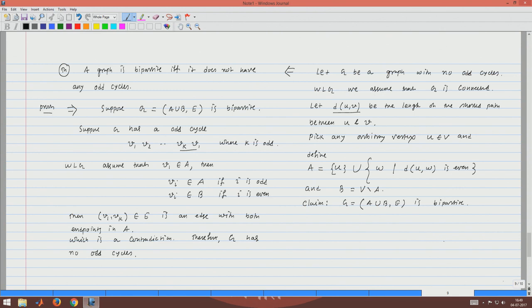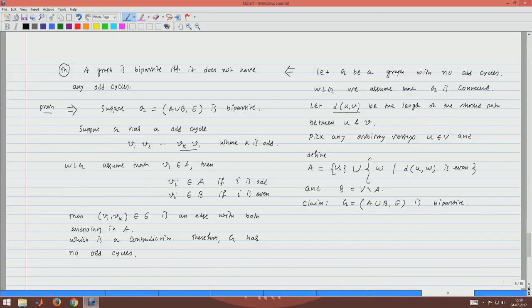So, the second part, that if G has no odd cycles, then we have to prove that G is bipartite, and this proof is sort of a constructive proof. You are given a graph which is not having any odd cycles, and then you give a technique or an algorithm to construct the bipartition to prove that G is bipartite.